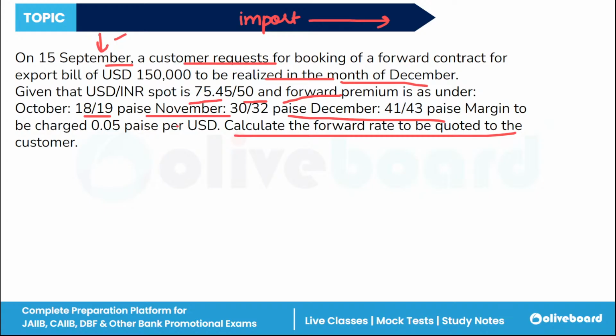So what we can do, forward contract is booked on 1 of June.